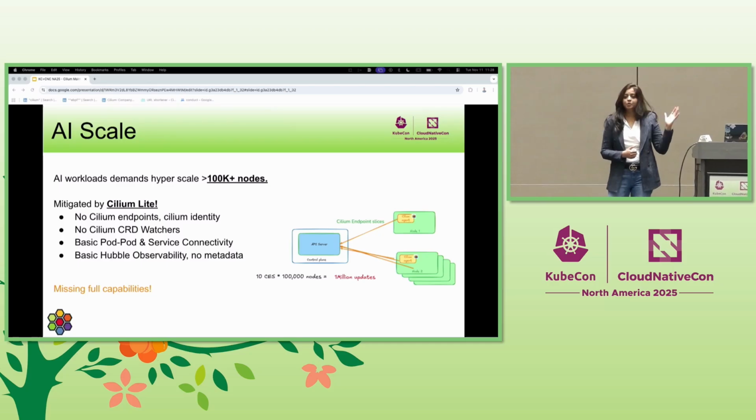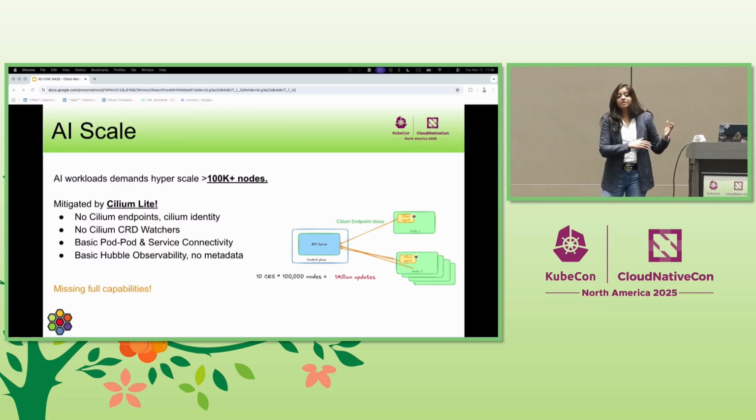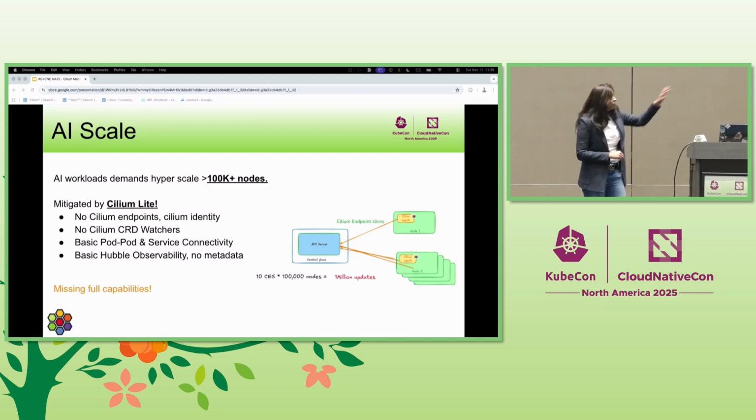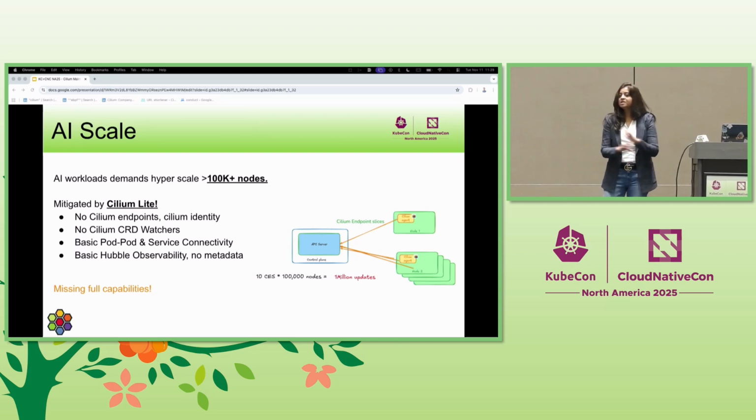So the Cilium endpoint slice that we enabled for scale will still give you the same bottleneck as the previous capabilities. If I'm running on 100K, you will still hit the same control plane load, even with the Cilium endpoint slice, because now you are expanding the batches to 100K nodes.